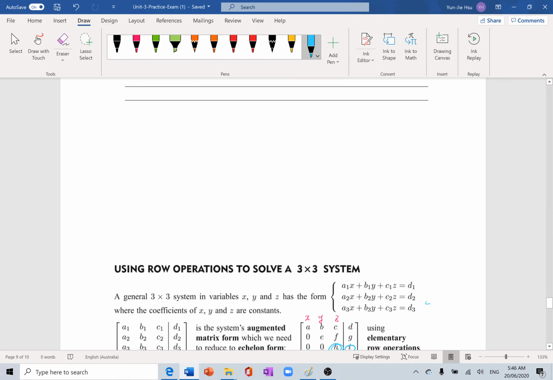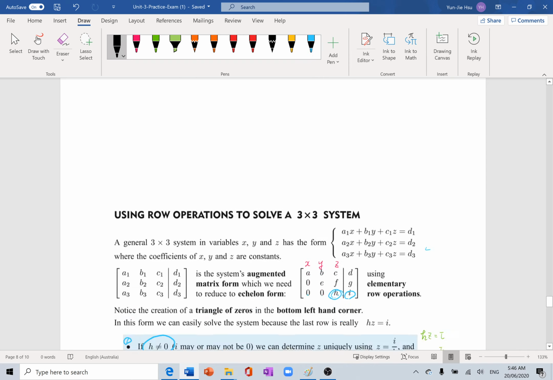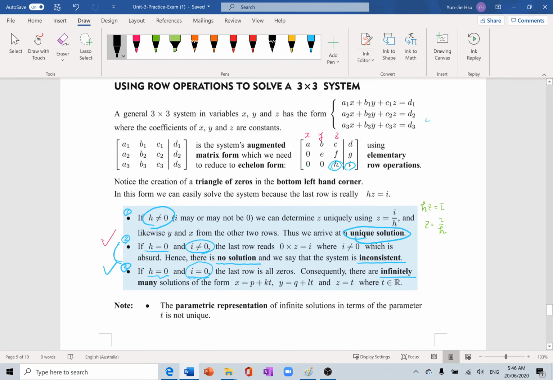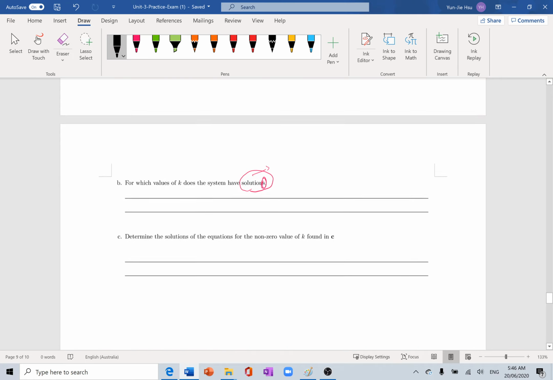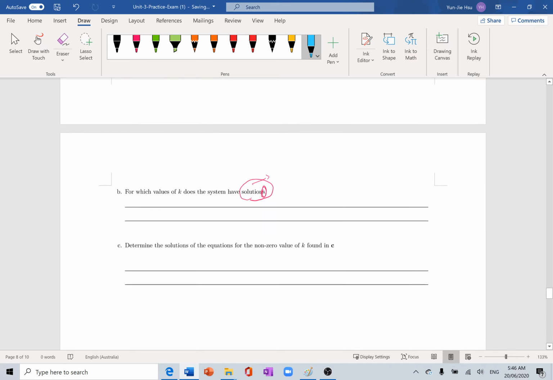So the question asks us to have infinity solutions, okay? So what does it mean? It means h equals 0 and I equals 0. Therefore, we need to go back to the augmented matrix. Here, (2k minus 3k squared) over (1 minus k) should be equal to 0.